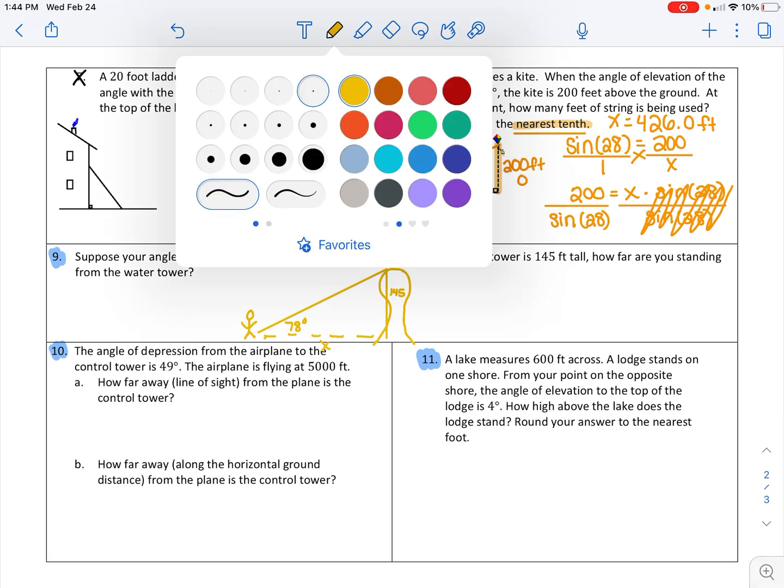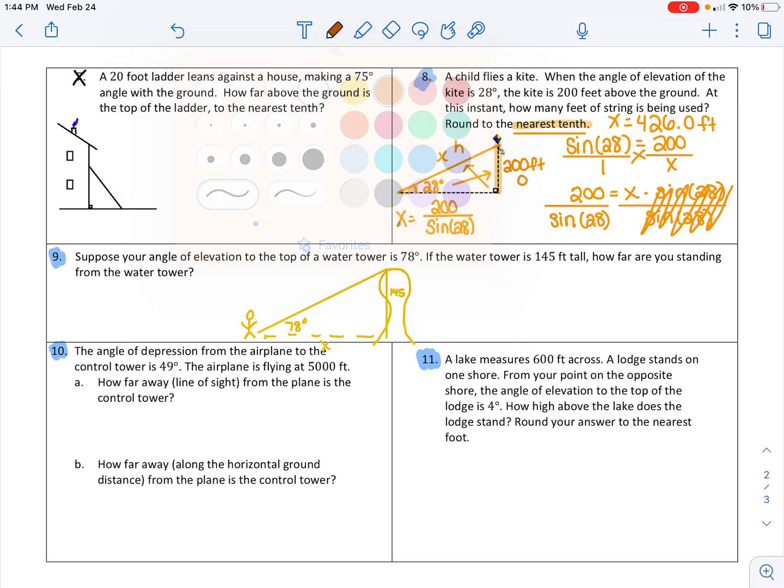Okay, so with this one, we're looking at trig again. So if we look at our angle 78, we look across from that angle, we have our opposite side, and then we have our adjacent side. So in this case, we're going to be using tangent.